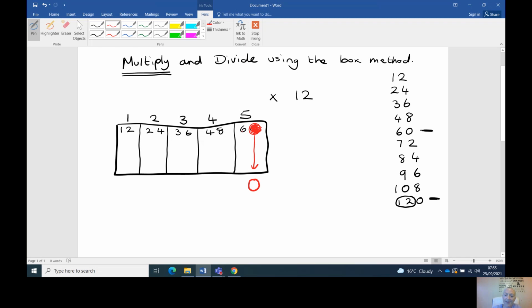And we're left with 6, and we take that 6 over, and 6 here, and we add it. 8 plus 6 is 14, and 4 plus 1 is 5. So we've got 54. It's the same.